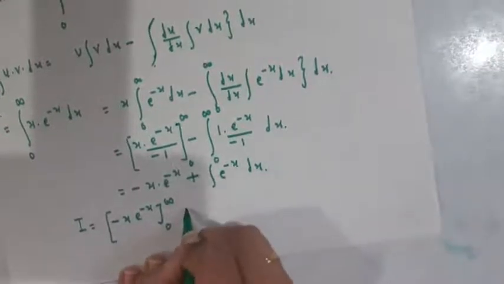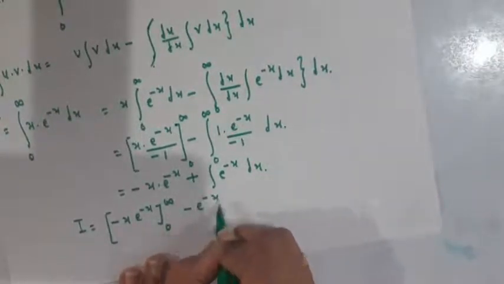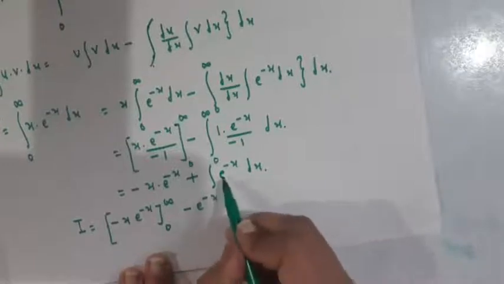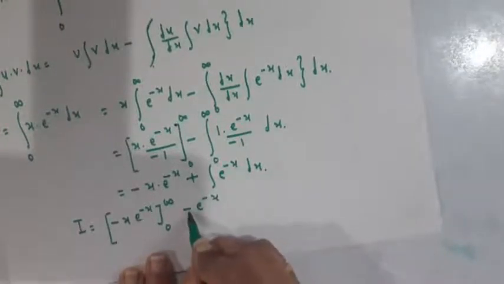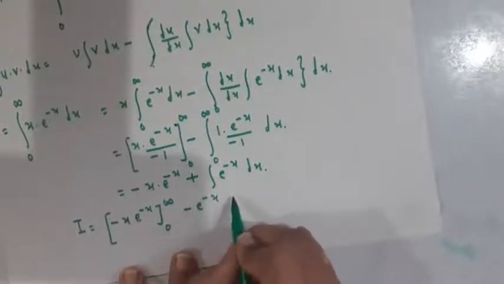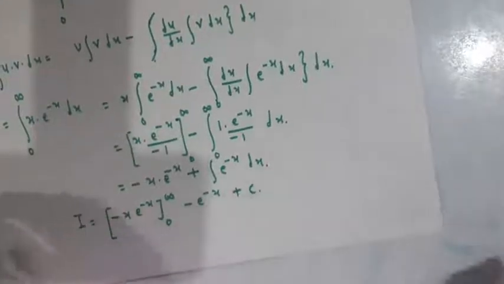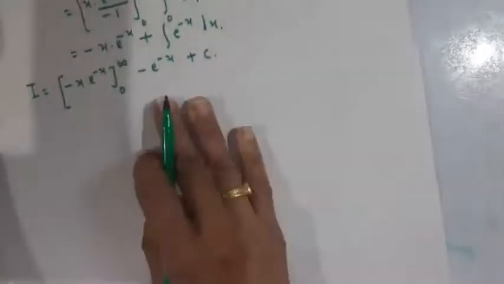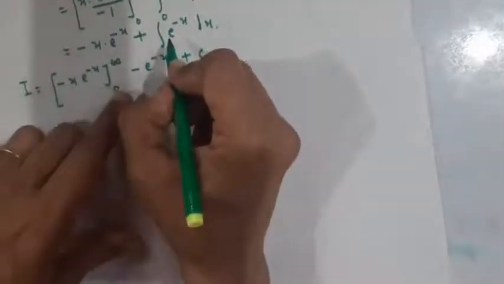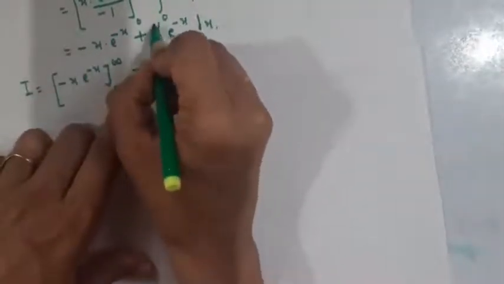Integration of e raised to minus x is minus e raised to minus x, because e raised to minus x upon minus 1, plus 1 minus. I have written here directly plus constant of integration c. Now let us put the limit, that is 0 to infinity.